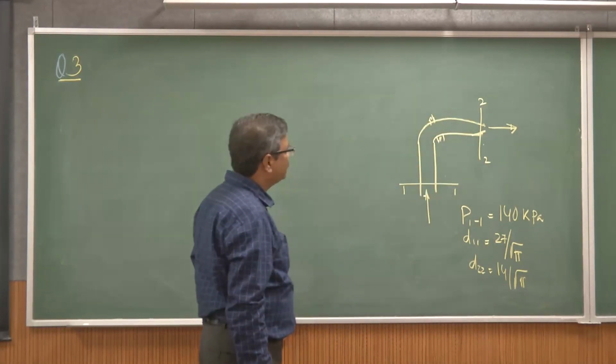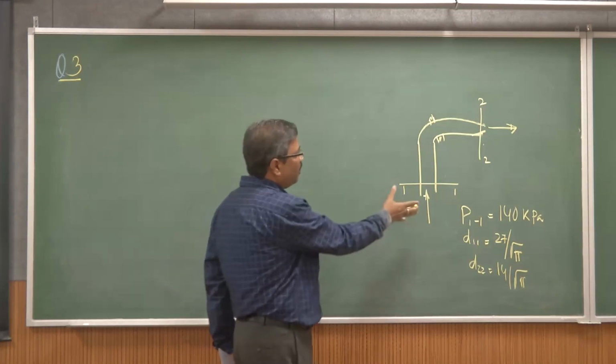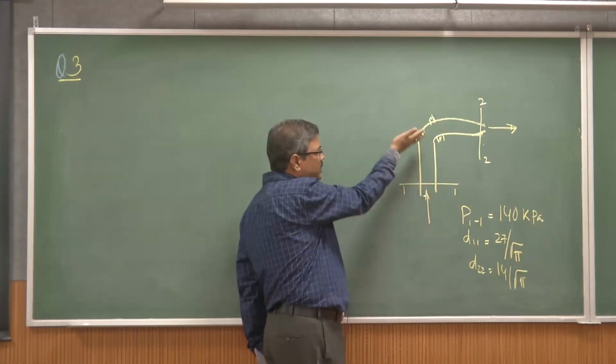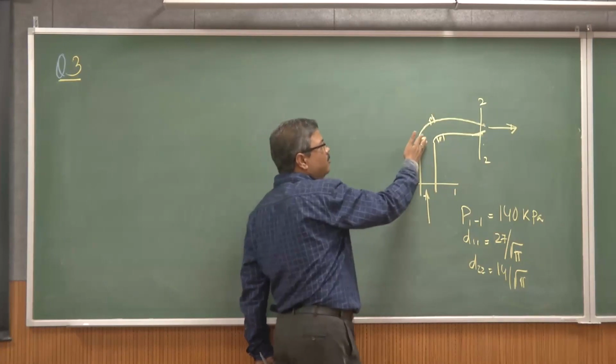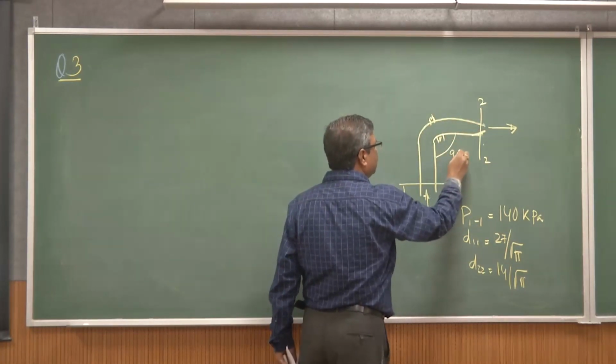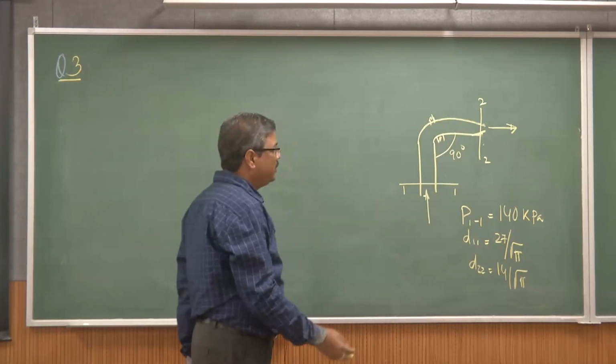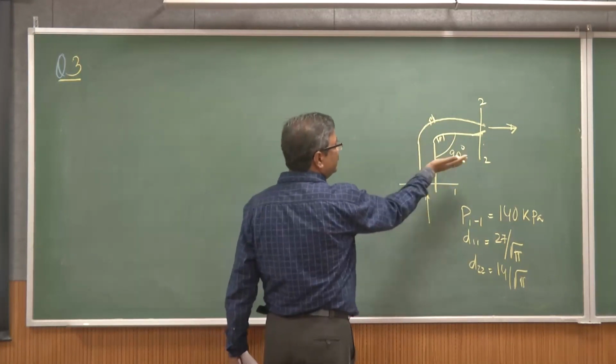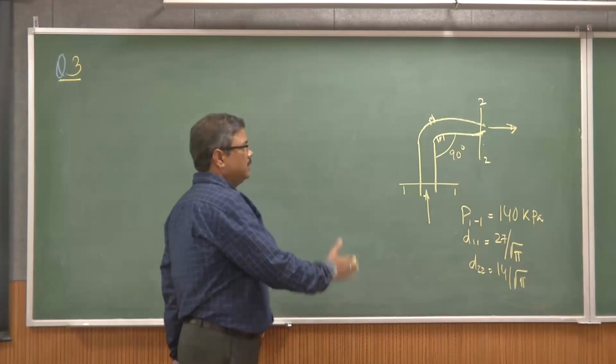If you can understand from this problem, the flow is going here and we are deflecting it through a 90-degree bend. There will be a change in the momentum flux, the direction.